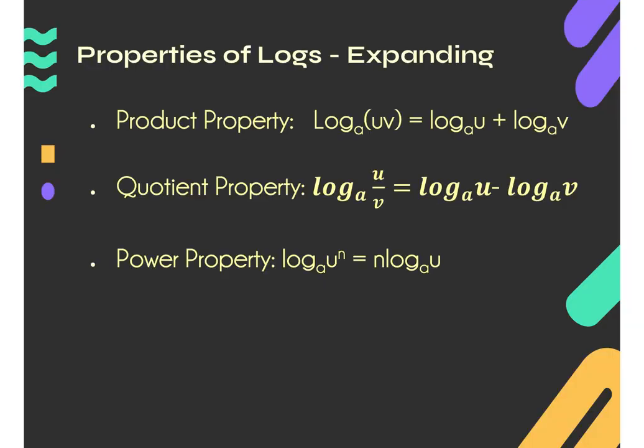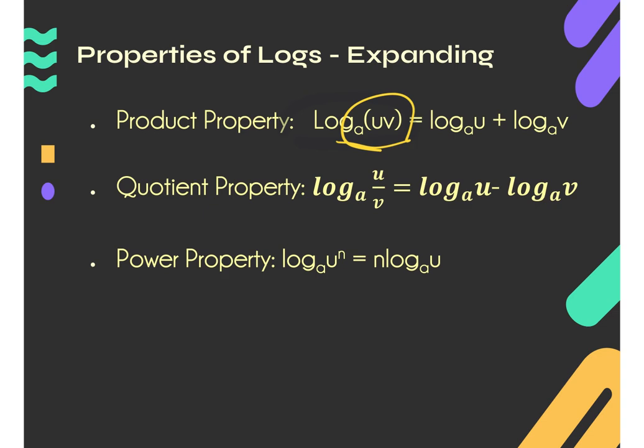So as a refresher, our properties of logs. There are three: the product property, the quotient property, and the power property. The product property says if I'm finding the log of a product, then we can expand our log by adding them.